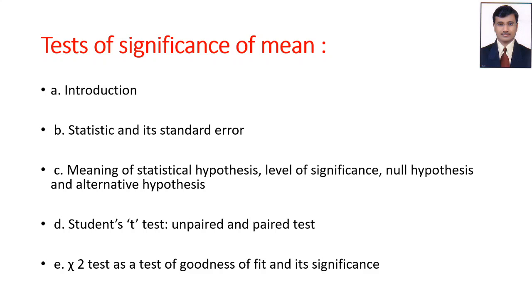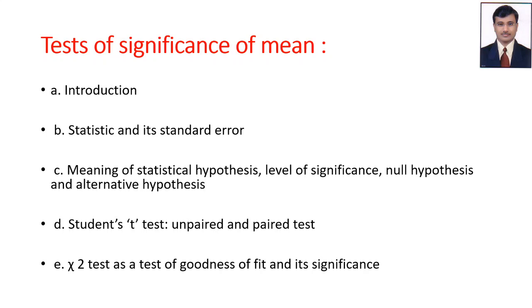Next point, test of significance of mean. In that topic, we have to study introduction, statistics and its standard error, meaning of statistical hypothesis, level of significance, null hypothesis, and alternative hypothesis.